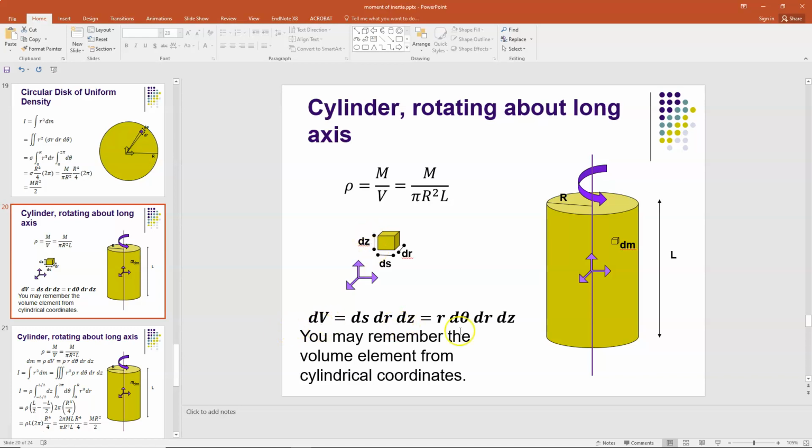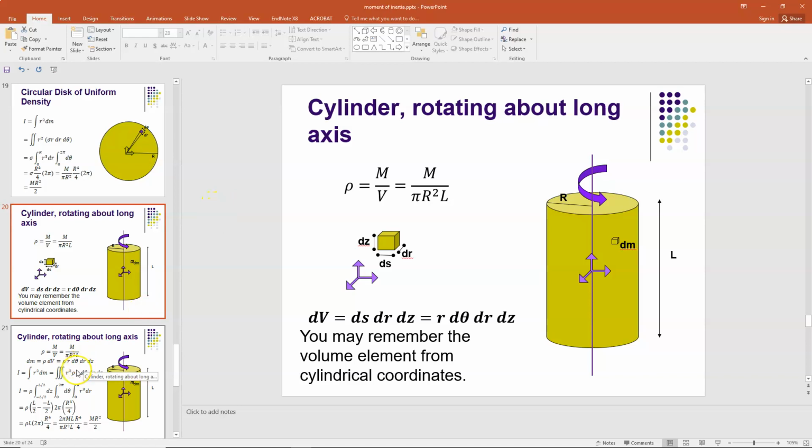So to get my volume element dv, I would multiply those three dimensions times one another. dv is ds, dr, dz. And remember that your arc length subtended ds is r d theta. So that means that my volume element is r times dr, d theta, dz.